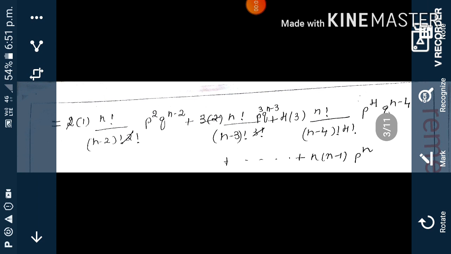So now we have 2 into n factorial over (n minus 2) factorial into 2 factorial, p square q to the power n minus 2, plus 3 into 2 n factorial p cube q to the power n minus 3 over (n minus 3) factorial into 3 factorial. 3 factorial is 3 into 2, which is 6, and the 3 into 2 cancels the 6. Then 4 into 3 n factorial divided by (n minus 4) factorial into 4 factorial. 4 factorial is 4 into 3 into 2 into 1, which is 24, and 4 into 3 is 12, so 12 by 24 cancels and 2 remains. p to the power 4 into q to the power n minus 4, plus etc., plus n into (n minus 1) p to the power n.